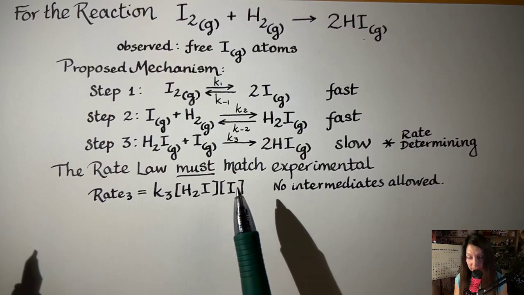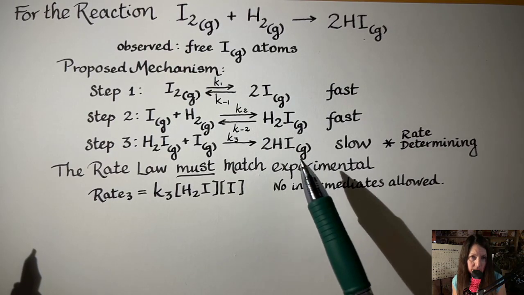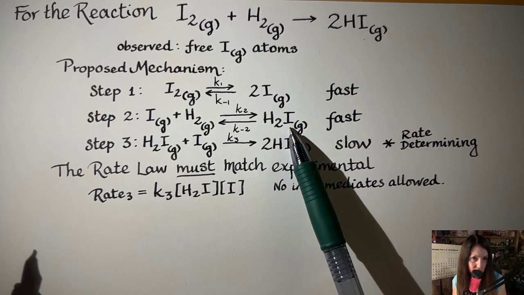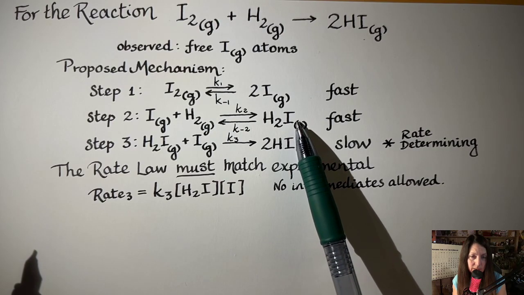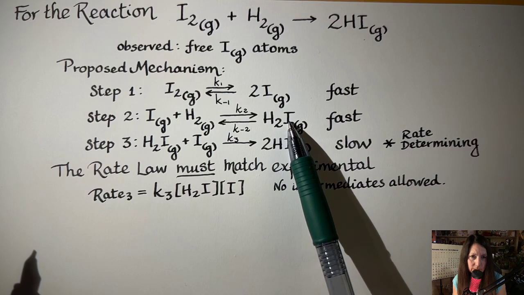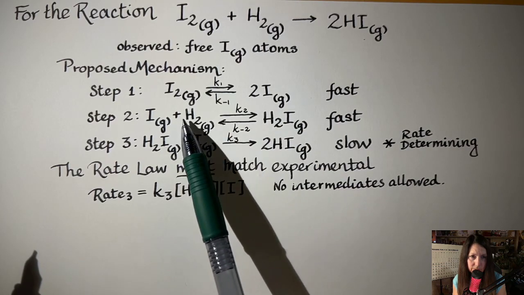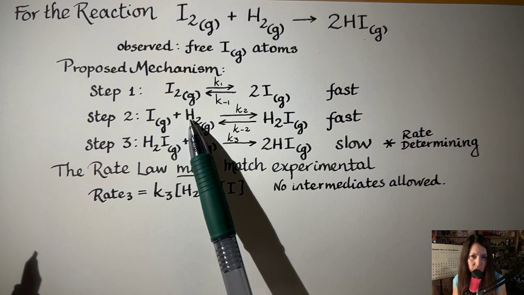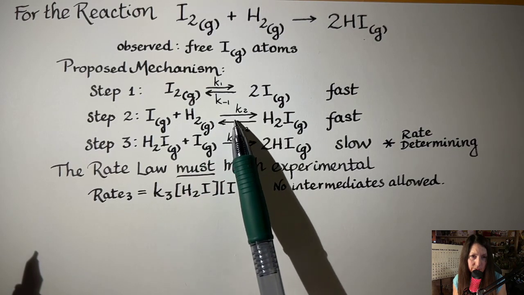But the good news is that we can do some substitution and we can identify what is the concentration of H2I in terms of I and H2 because of this fast equilibrium.